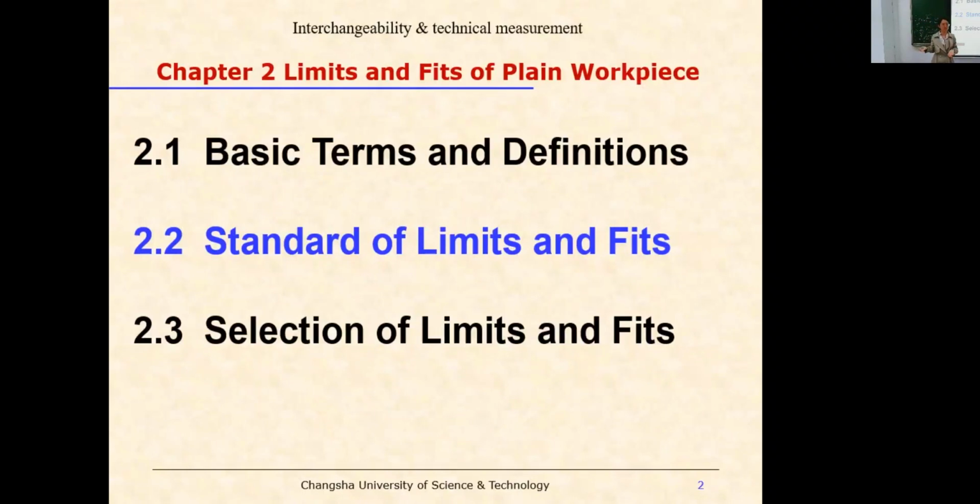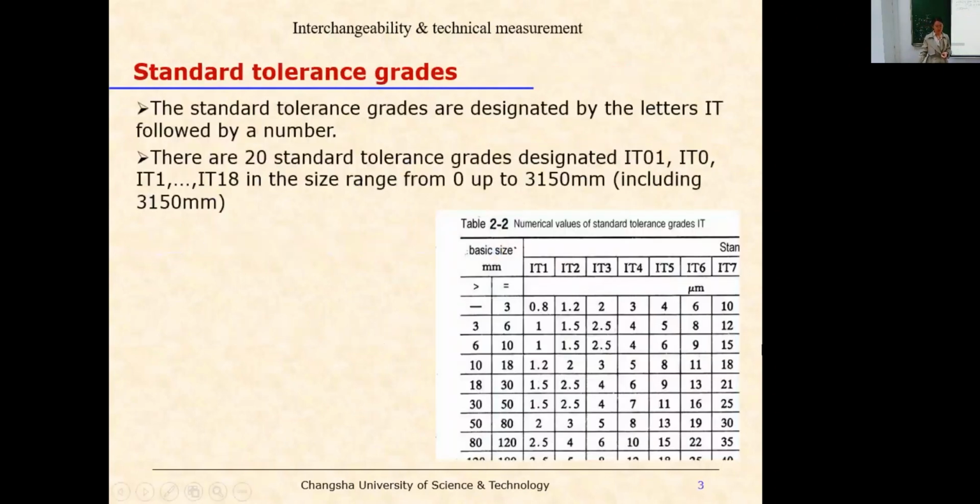In this class, I just tell you how to find the table and to calculate the tolerance. Initially it's very easy, just to find the table and to find what the tolerance is.